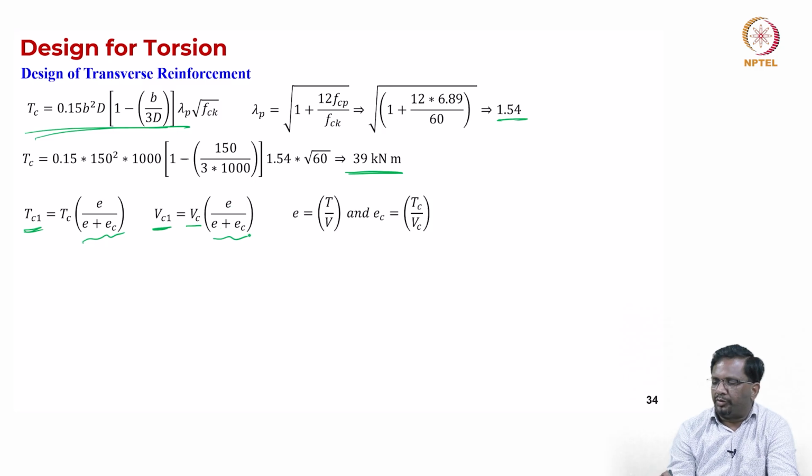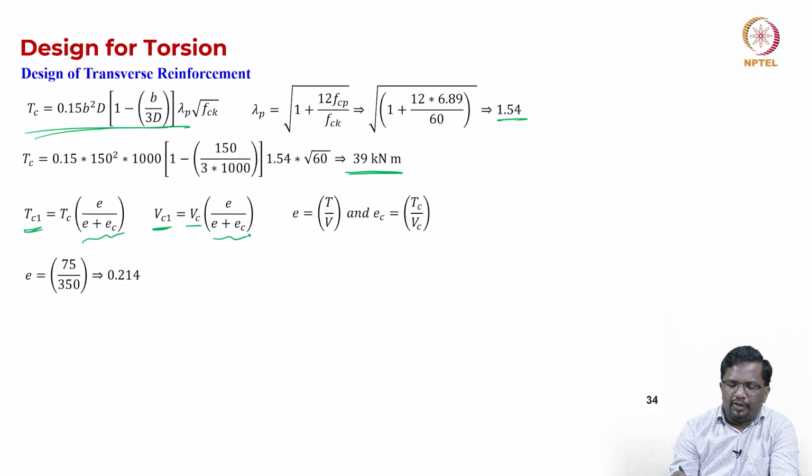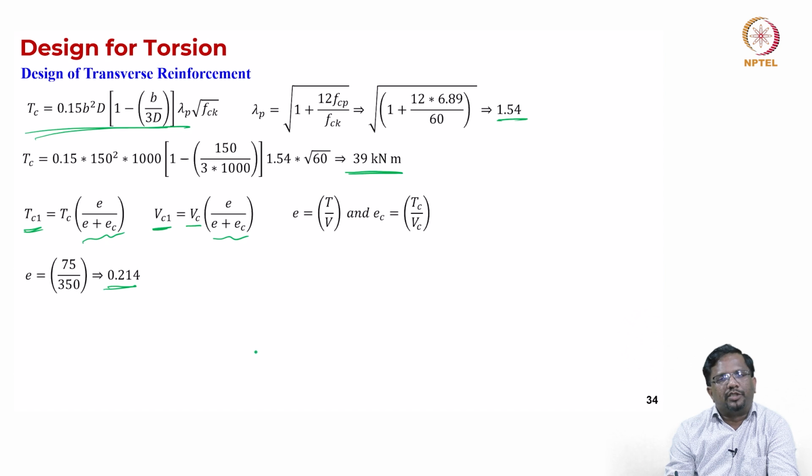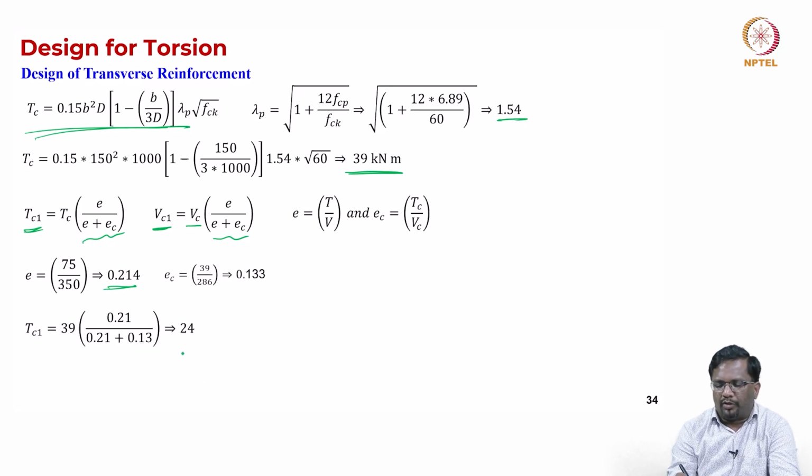So, you see if you put the value, e is equal to 75 by 350, where 75 is the torsion and 350 is the shear. If you take that ratio, it works out to be 0.214, and ec is Tc by Vc, which is 0.133. So, Tc1 works out to be 24.